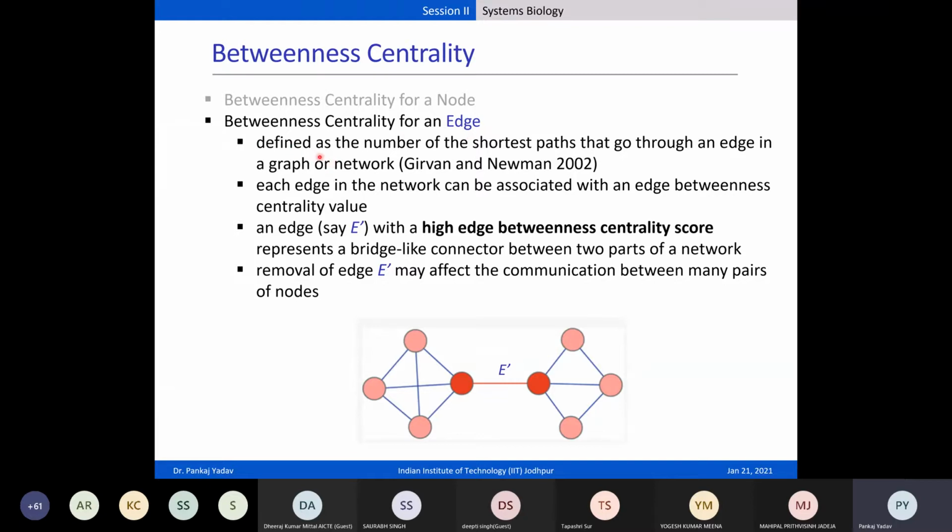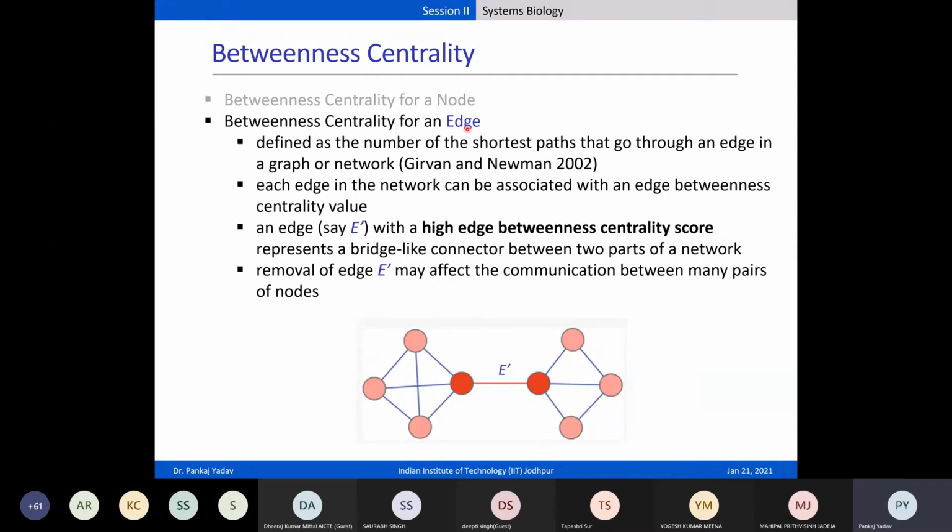It is defined as the number of shortest paths. I'm talking about the edge here, but it can also be modified for the betweenness centrality of a node as well.